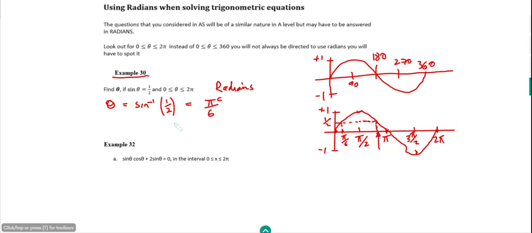So that's our first solution, and our second solution would be pi, which is this point here, minus pi by 6, which means that we will get 5 pi by 6 as our other solution in the range 0 to 2 pi. So that's the example.